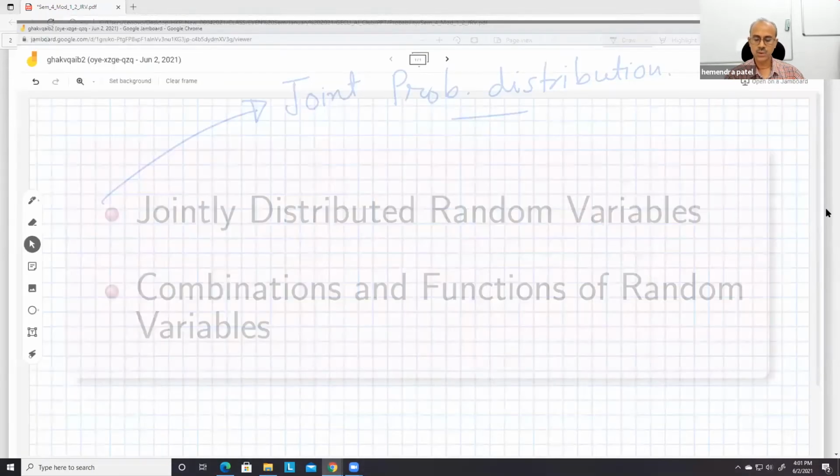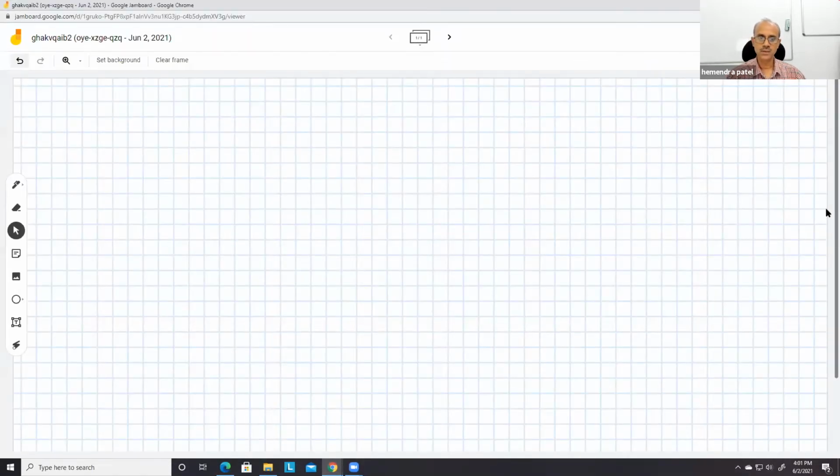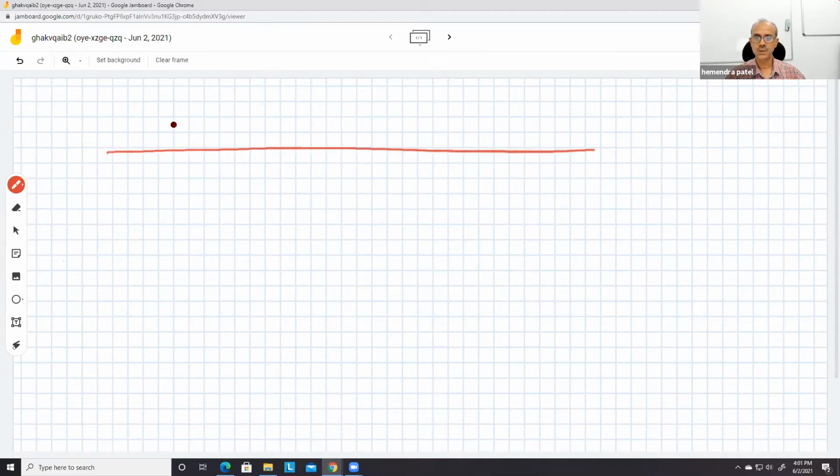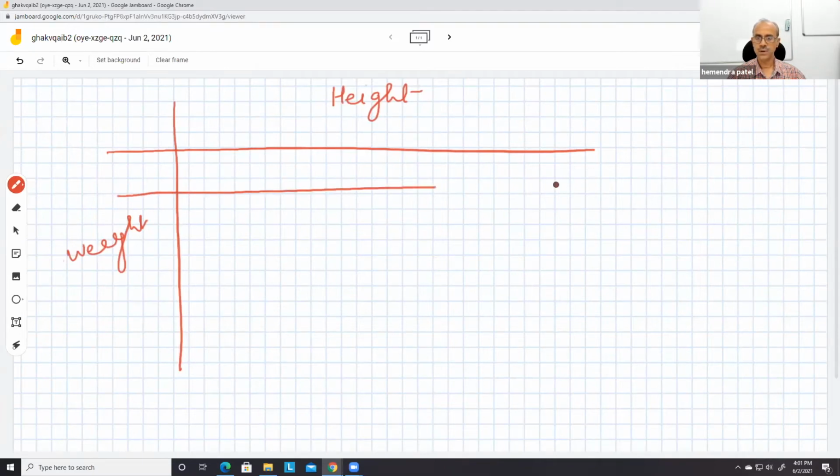So I should give a little example type situation here. Just consider this. Suppose I consider height and weight, so I will have this matrix.